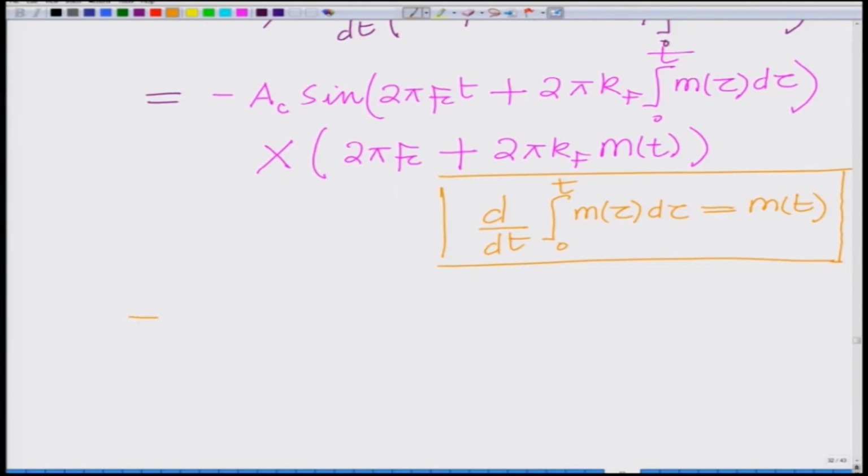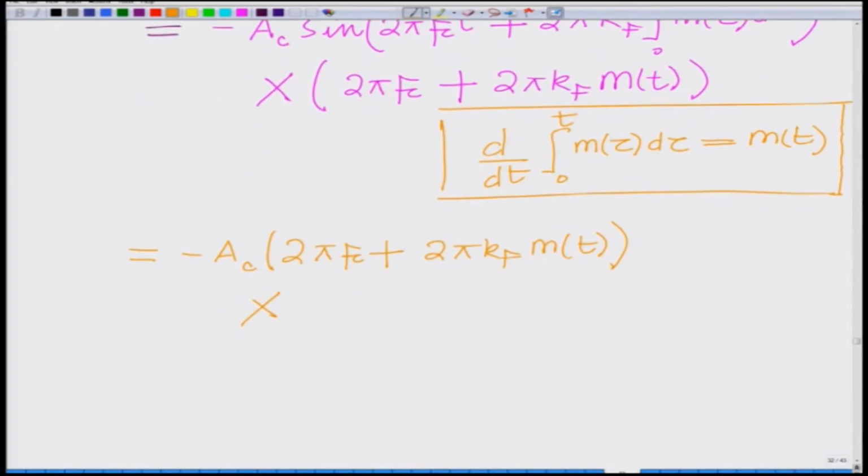Therefore, I can rewrite this as minus A c, bringing the argument to the front, 2 pi f c plus 2 pi k f m of t, times sine of 2 pi f c t plus 2 pi k f integral 0 to t m of tau d tau.